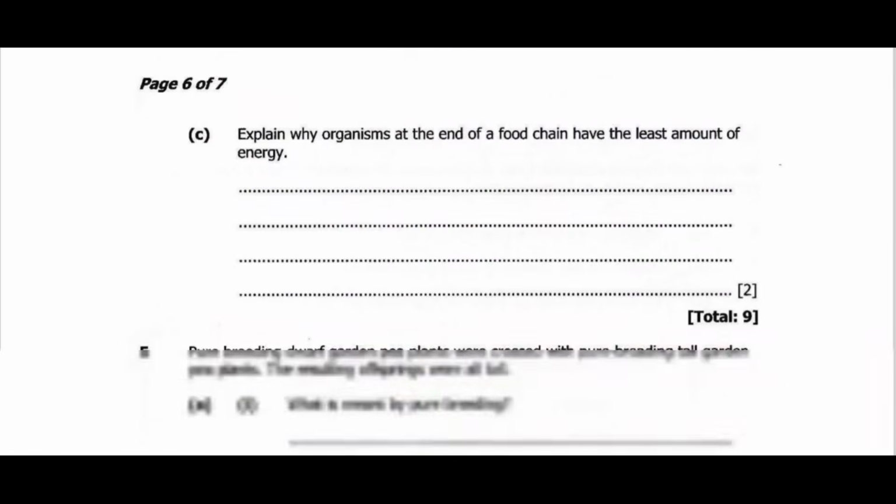And here we can go to question C. Explain why organisms at the end of a food chain have the least amount of energy.